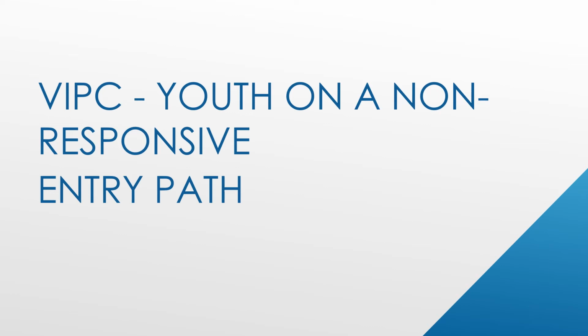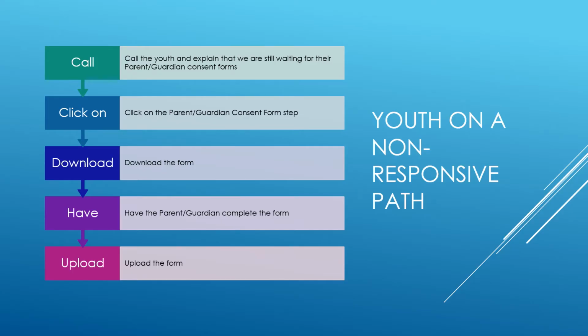When you have an applicant on a non-responsive entry path, the steps are different. When you call a youth on a non-responsive entry path, you want to explain that we are waiting for their parent-guardian consent forms and ask them to click on the parent-guardian consent form step.